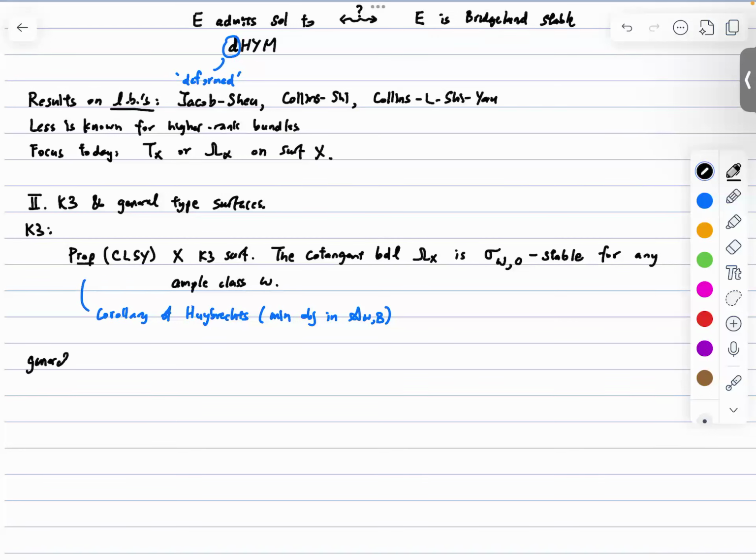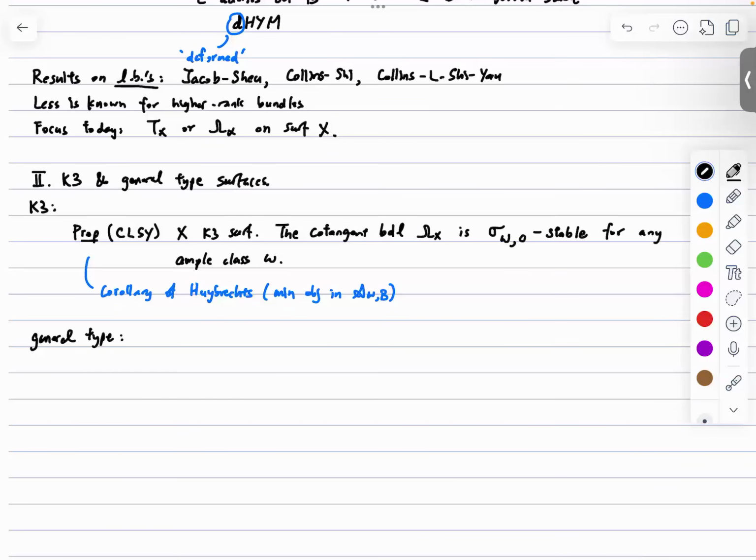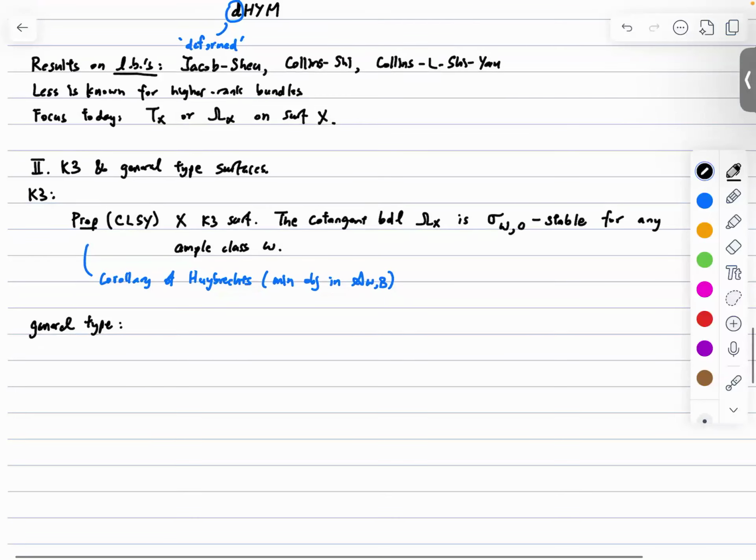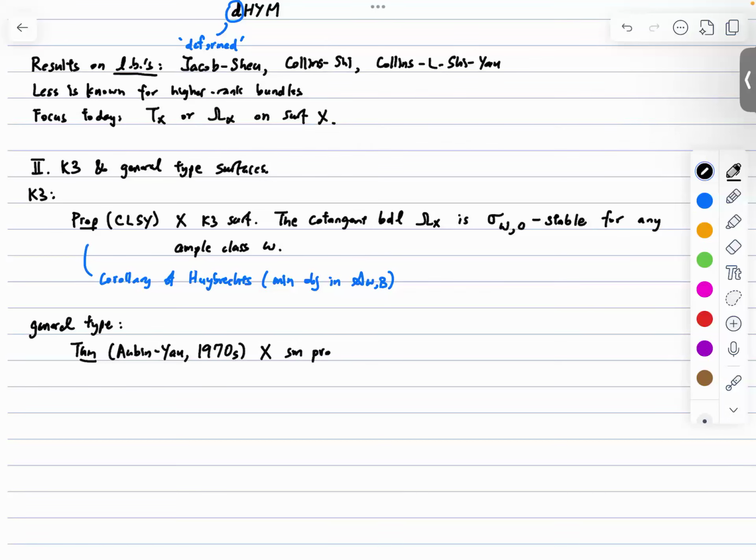Okay, so now for general type surfaces, this is the start of the story. We have this theorem by Aubin and Yau from the 70s that says if you have a smooth projective variety where the canonical class is ample, then the cotangent bundle is always slope semi-stable with respect to this canonical class.